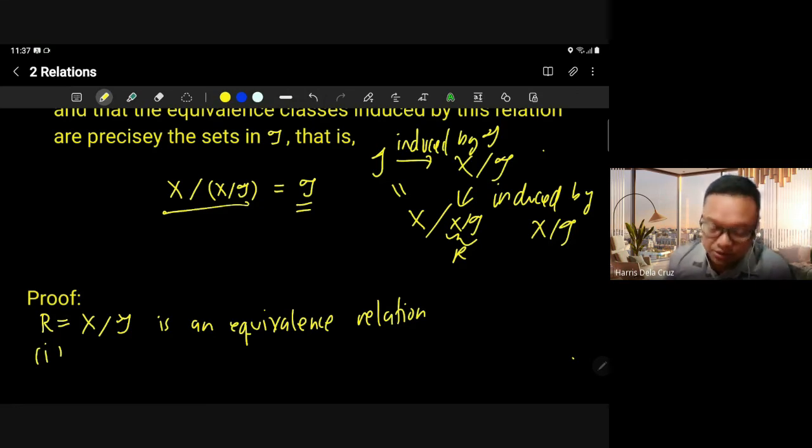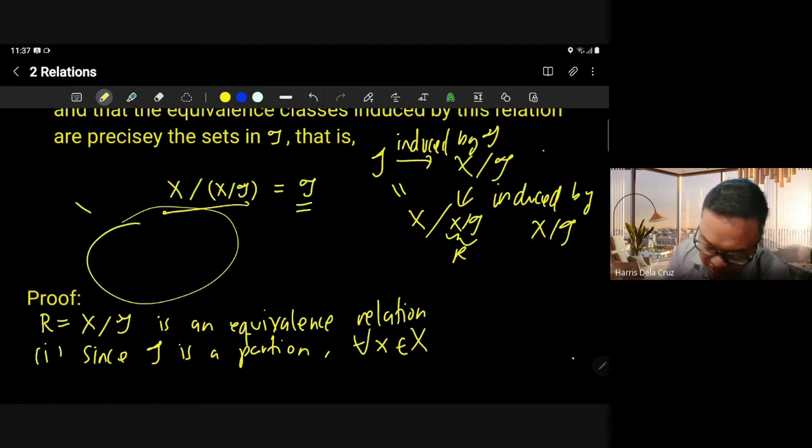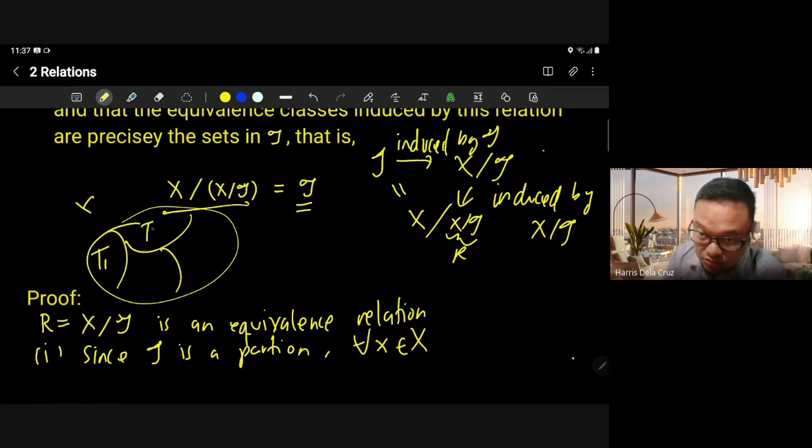Since T is a partition, right? Then for any X in our original set, okay? So just to have a pictorial representation, meron kang X, hinati-hati mo siya. So yan yung partition mo. Let's say meron kang T1, T2, T3, T4, and so on.